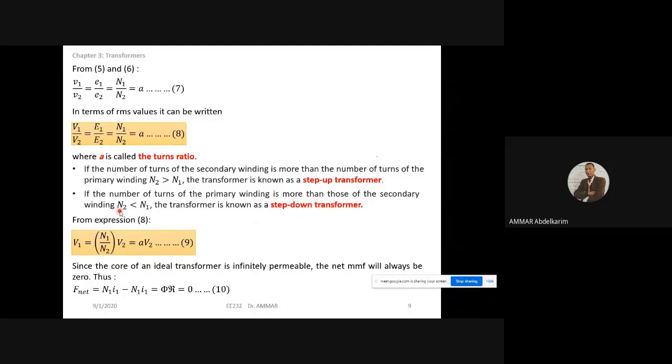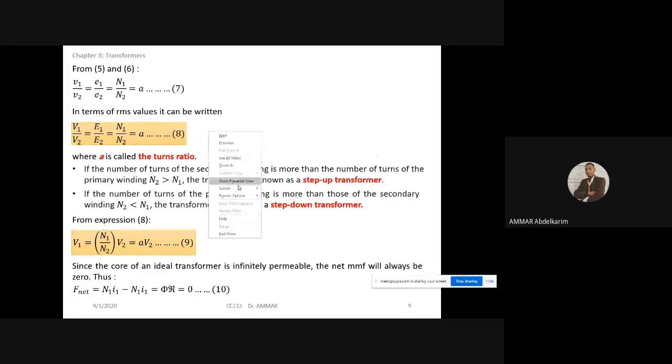In the second case, the step down, N1 is the high voltage winding because N1 is bigger than N2, and N2 is the low voltage winding. So the primary can be high or low voltage, and the secondary can be high or low voltage, according to the number of turns.